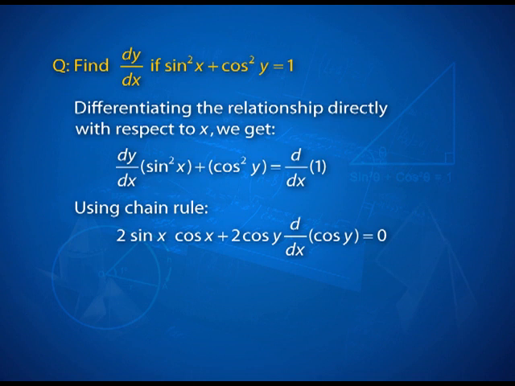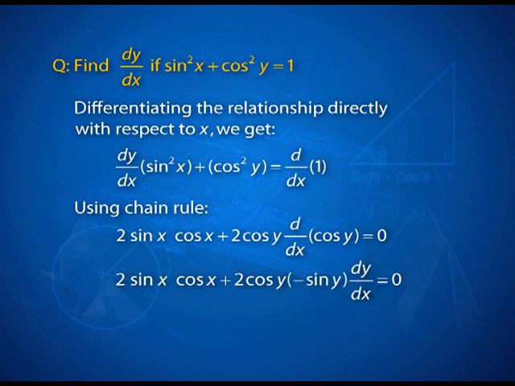Further, this becomes the same as 2 sin x cos x as it was plus 2 cos y, and now the derivative of cos y using chain rule is minus sin y into the derivative of y with respect to x. From here, we will just now separate out what dy by dx is.